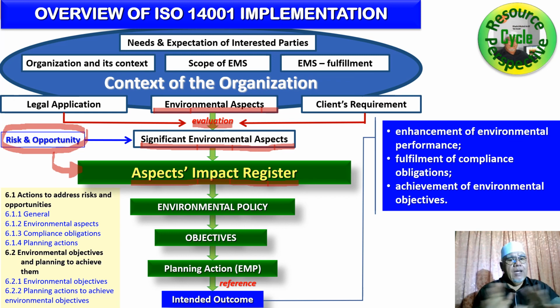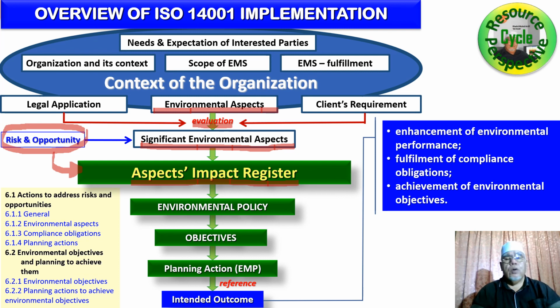This is tedious work, you know. Me and my team of 7 people in those days when we started off, it took us 3 months on a daily basis for that particular company to establish the aspects impact register, and we did it meticulously and in detail. We don't miss a thing, okay? And after we have the aspects impact register, we now know all the processes involved in our organization.